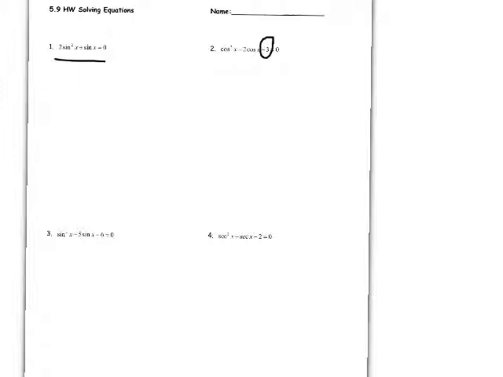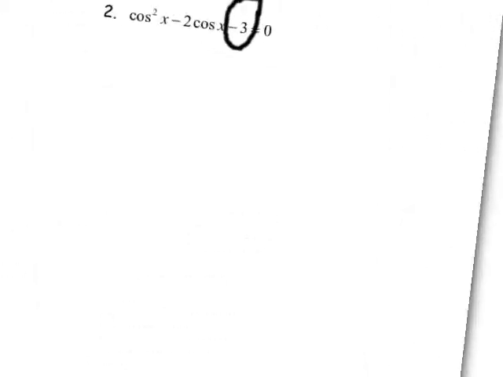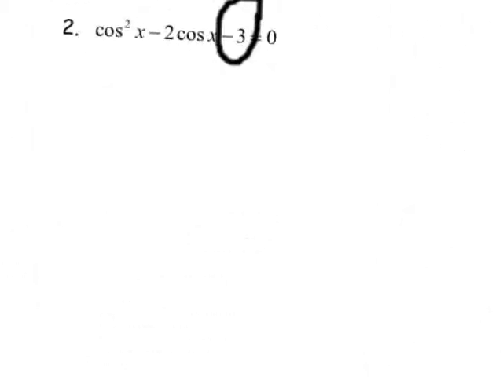In number 1, you just had sine squared, and then you had a sine, and that was it. But in number 2, we've got cosine squared, then 2 cosine x, and then this lone number by itself. And that's going to be a lot different.